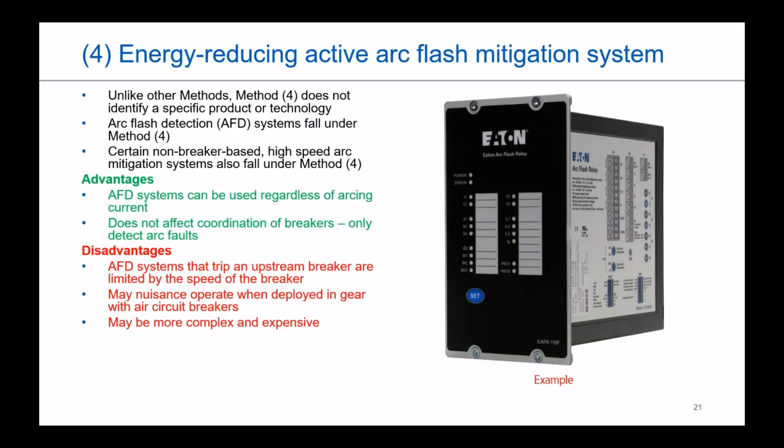So you're going to see some light flash typically in the gear. So if the system doesn't require any current detection or anything like that, you could see nuisance operations from them. And then they are a little more complex. This is extra wiring, some more communications you potentially have to involve in your system. So along with that comes a little bit of the added cost. So there is that drawback. It's going to cost you a little bit more to implement this than, say, if you're doing something as simplistic as ZSI.